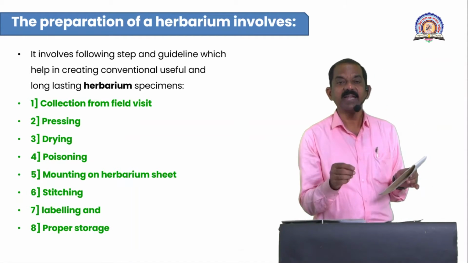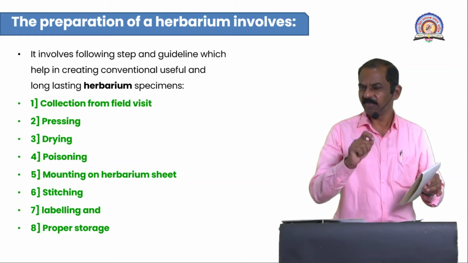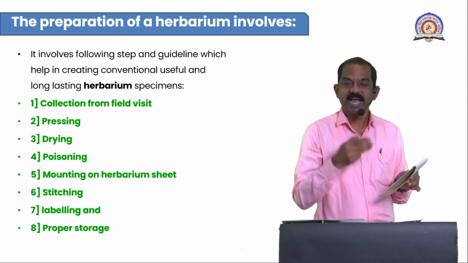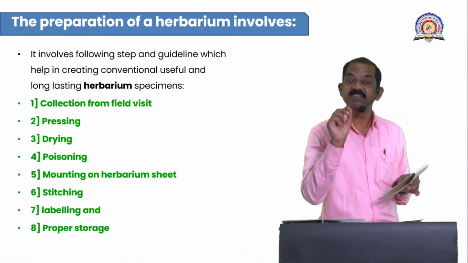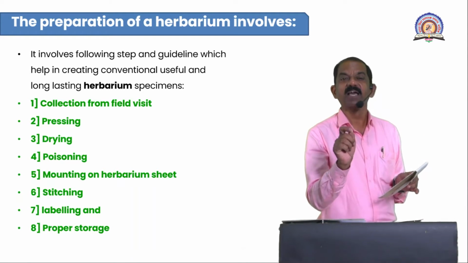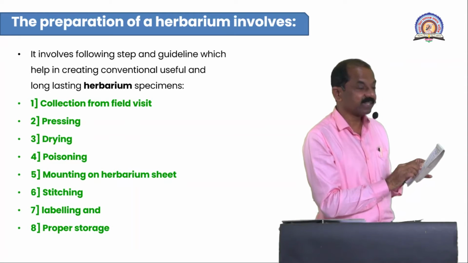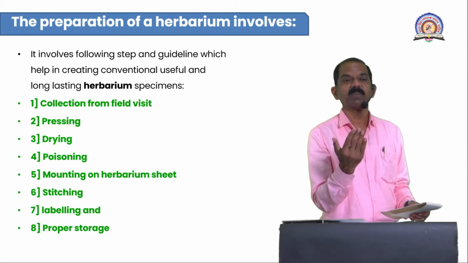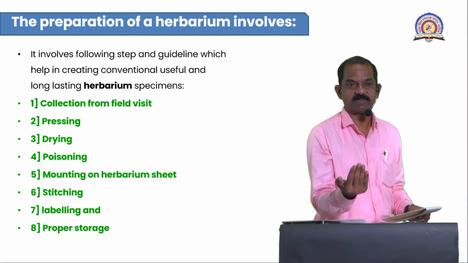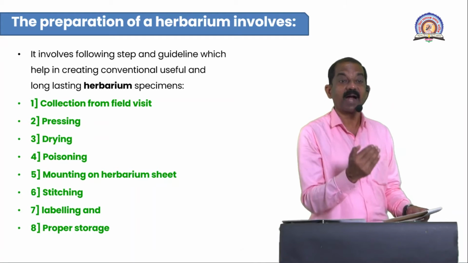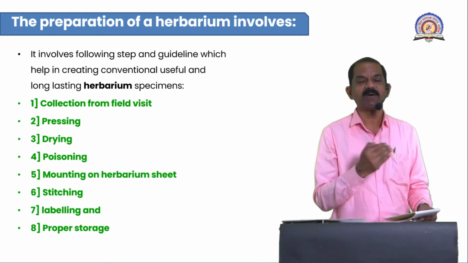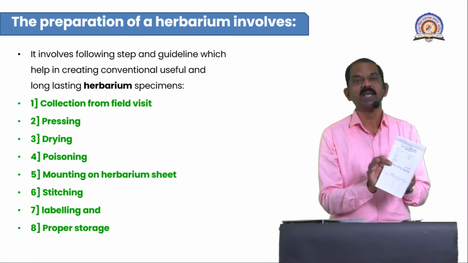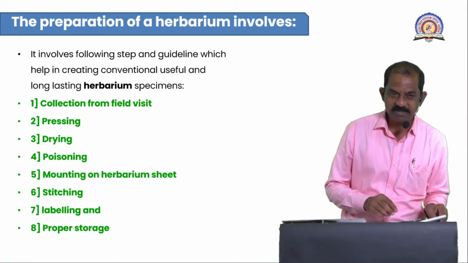If you know a few morphological characteristics of the plant, note those too. And tag the plants: give a special number to each plant and record that number in the field diary while the plant specimen is fresh. That helps us in the identification and study of the plant. So the field diary plays an important role in the preparation of a herbarium.